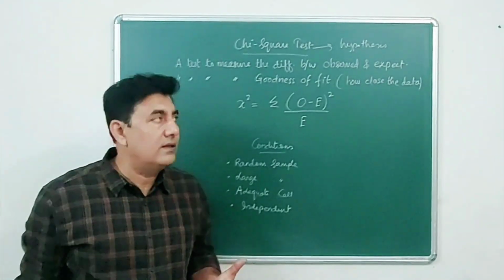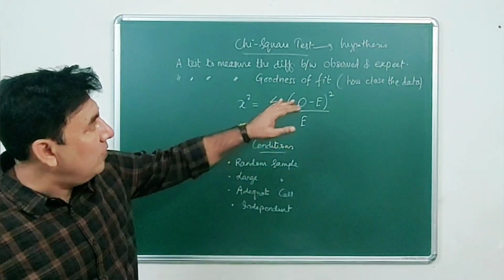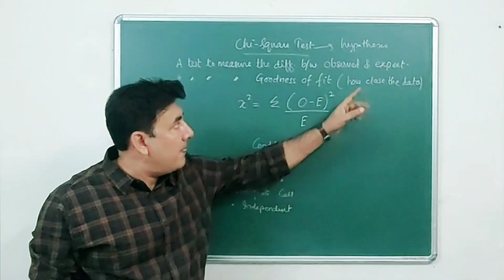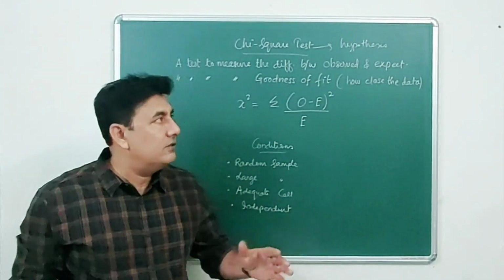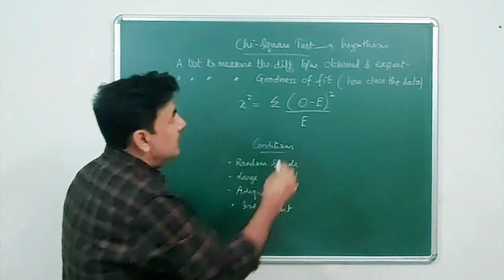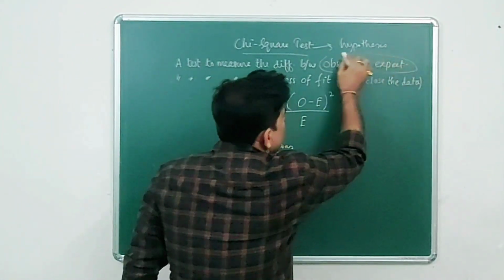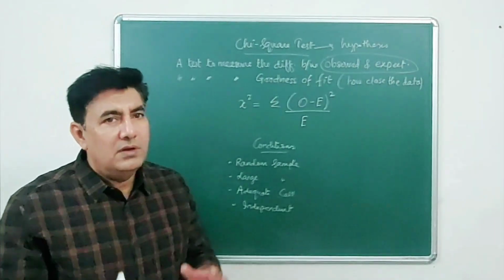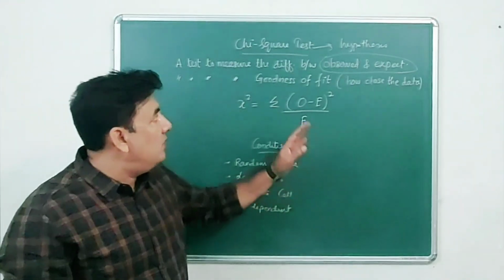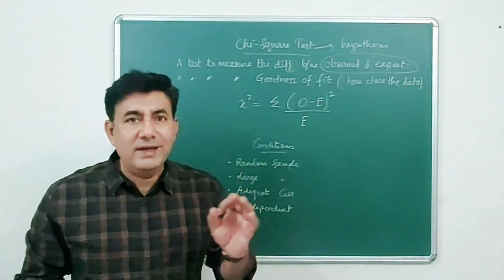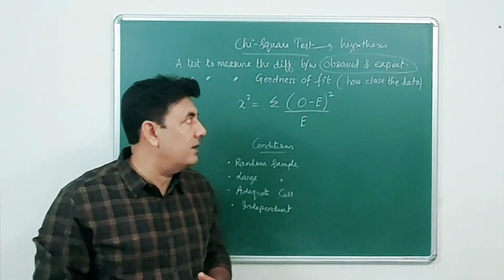We are just guessing. So that is your observed. You are guessing that, and what you are expecting. So when you are measuring the difference between these two, because both are very psychological things, it's one of the most critical tests that is being conducted.